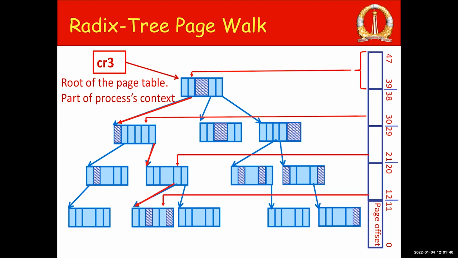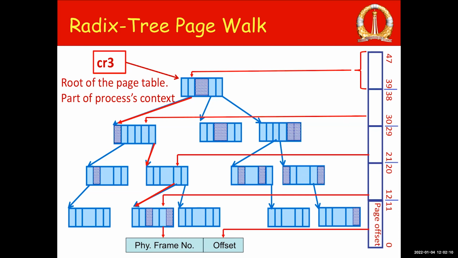Then you take the last set of 9 bits and index it. Then this particular entry essentially holds the page frame number for this particular virtual address. Then with that page frame number, you concatenate the offset to get the physical address of the memory location that you want to access. So this way of going down this tree is essentially what is called a page walk.